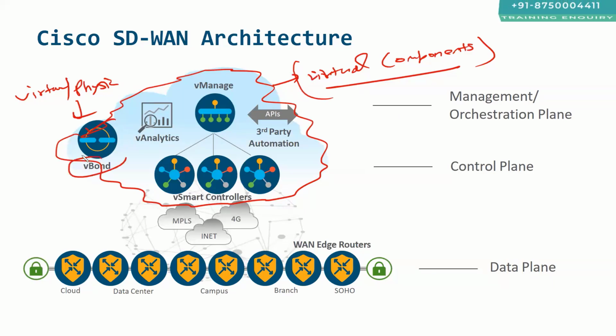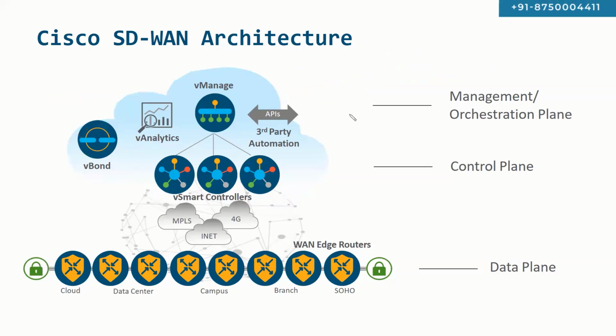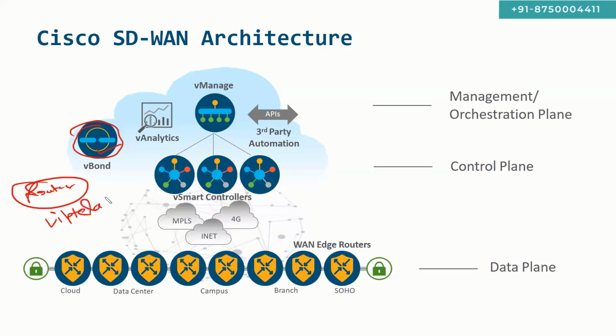Now, why did I make this statement that vBond can be physical or virtual? You know why? Because vBond is not a separate device, basically. vBond is a router. It's a managed router actually, running with Viptela OS, not IOS XE.